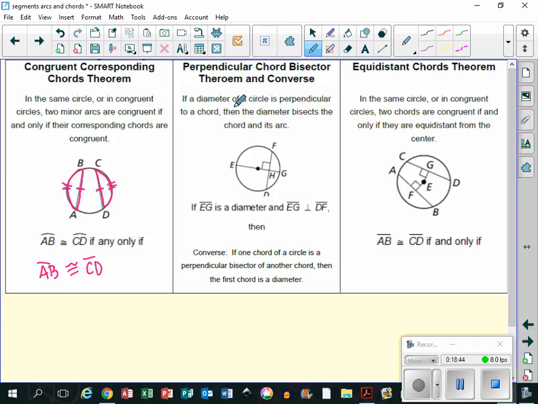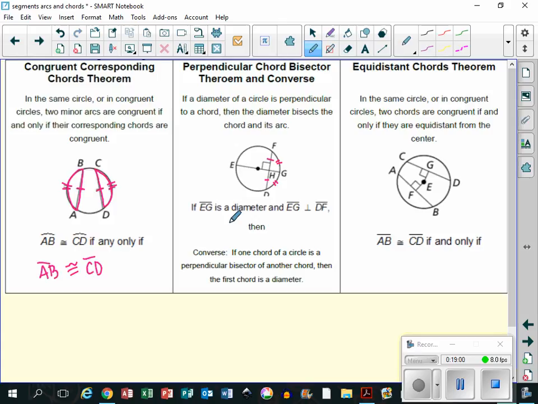The next one says if the diameter or radius is perpendicular to a chord, then it cuts it in half. So this is equal to this, and this is equal to this.